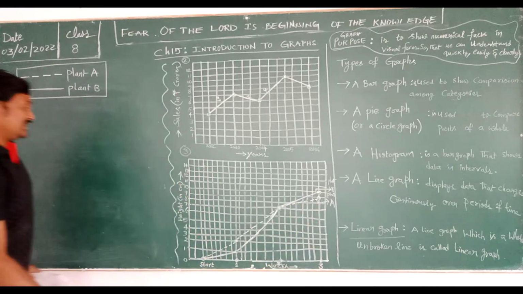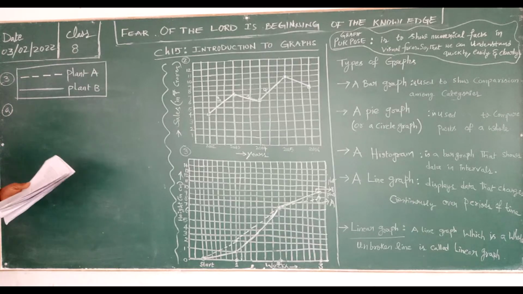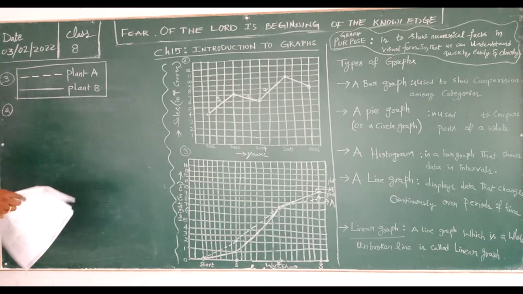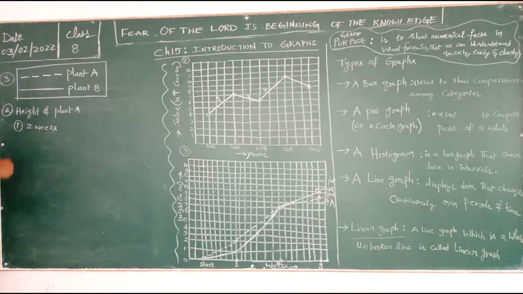Okay, let's start now. What are the questions? So question A, what is given? They asked how high was plant A? So that means the height of plant A. In these two questions, the first is: height of plant A in 2 weeks is equal to how much?